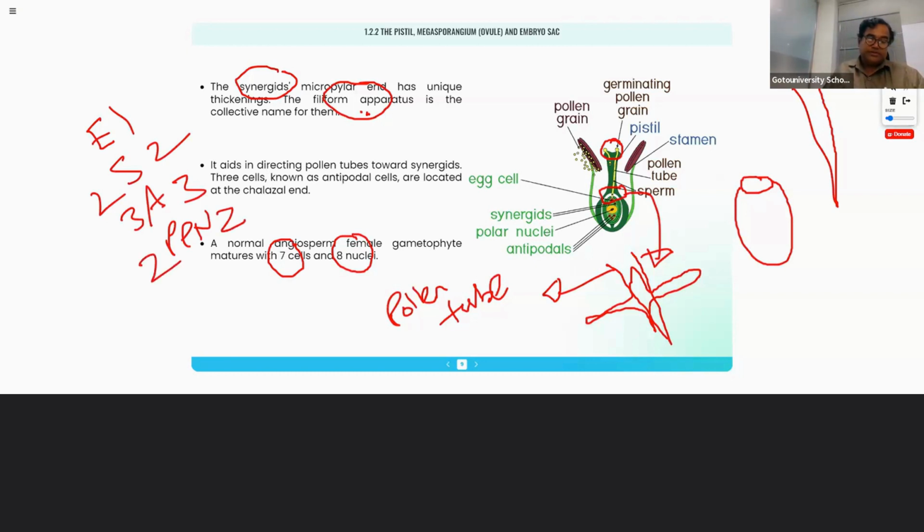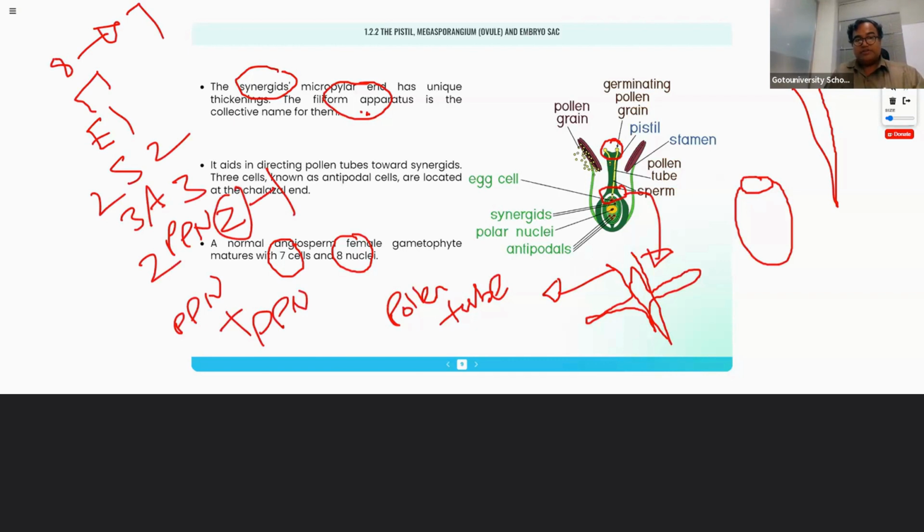If you calculate all these, it comes to 8. Then how does it become 7? One primary polar nucleus fuses with the other primary polar nucleus, so these 2 will become 1. Because of that, the 8 is becoming 7.